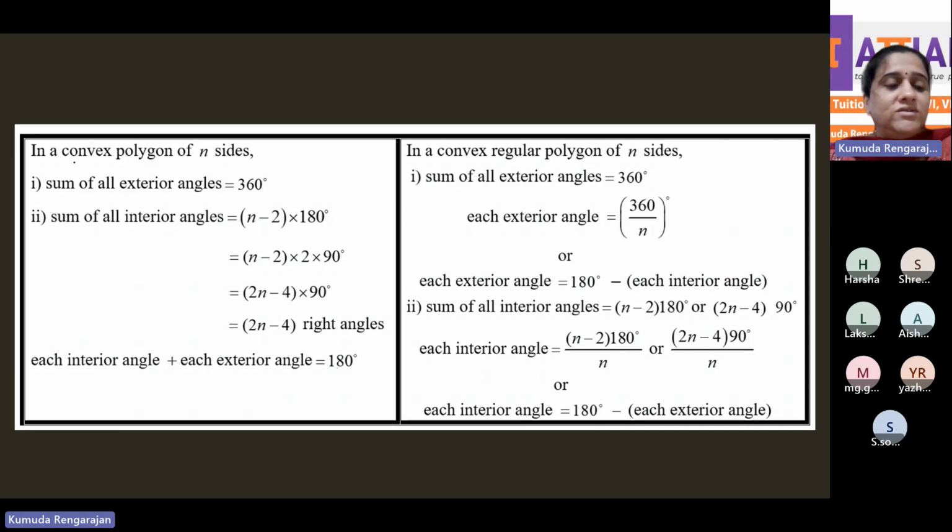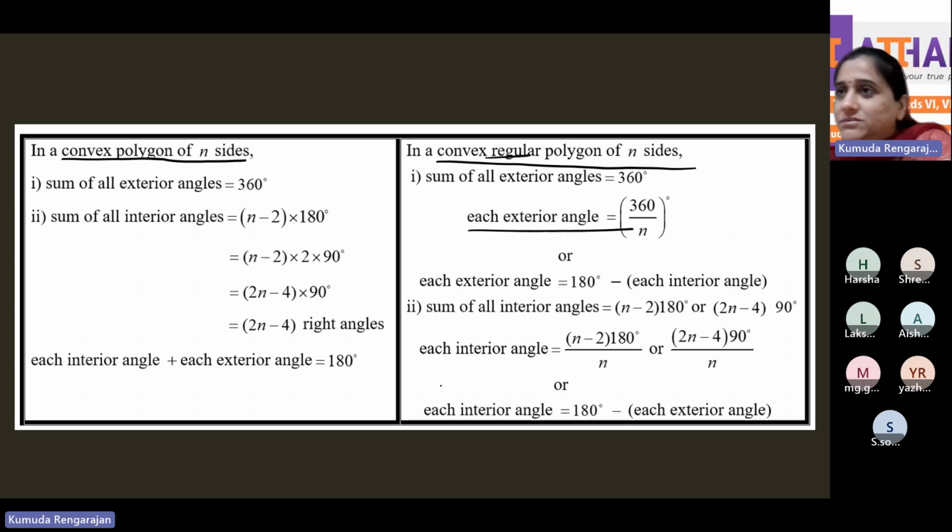So we see two things here, all about the interior and exterior angles of a convex polygon of n sides. And here about a convex regular polygon of n sides. Only in a regular polygon can you find each interior angle and exterior angle.